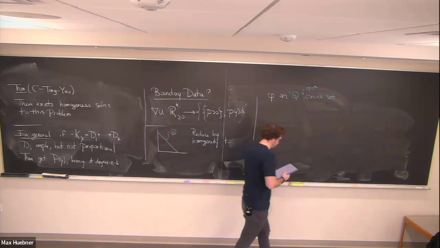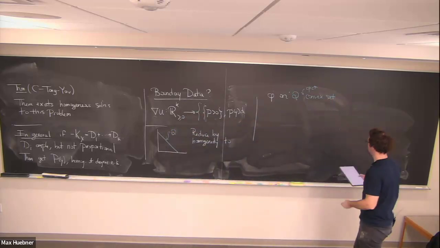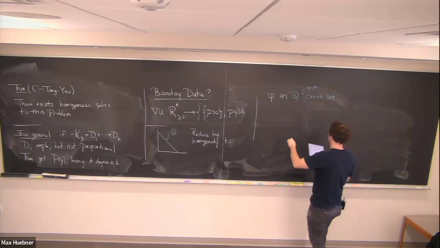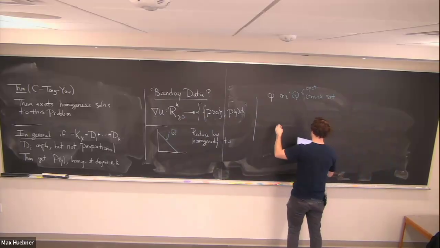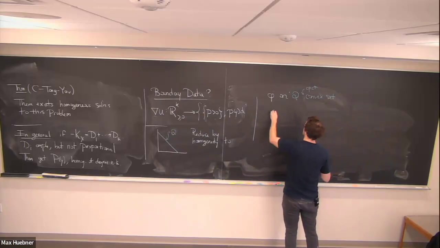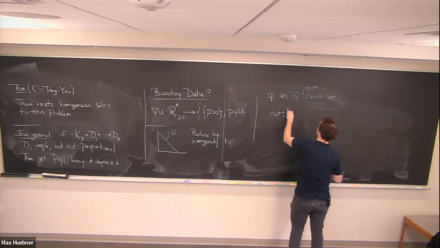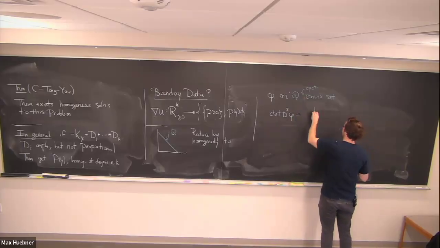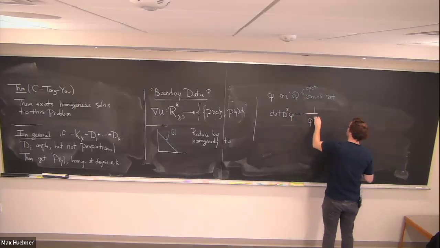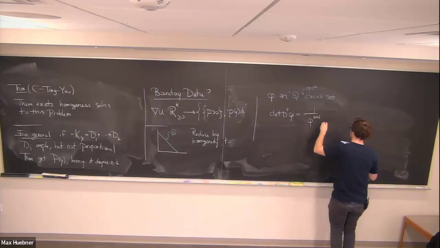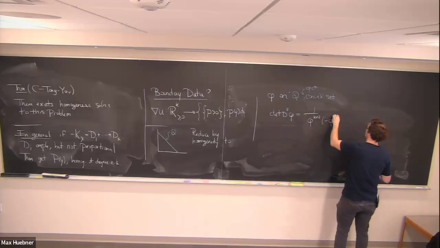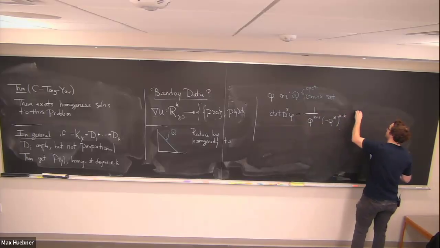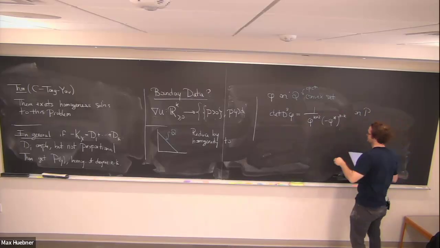If you do this reduction, you compute that finding homogeneous solutions of this problem is equivalent to solving this equation: determinant of d squared phi is 1 over phi to the k plus 2 minus phi star to the n minus k on P. I'll say what phi star is in a second.